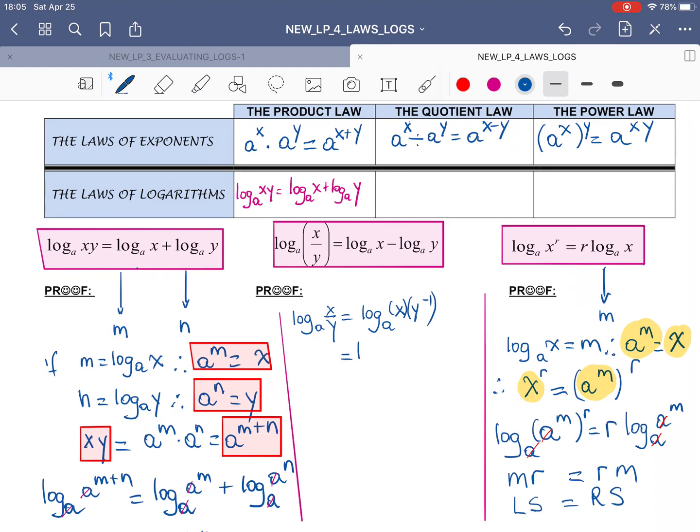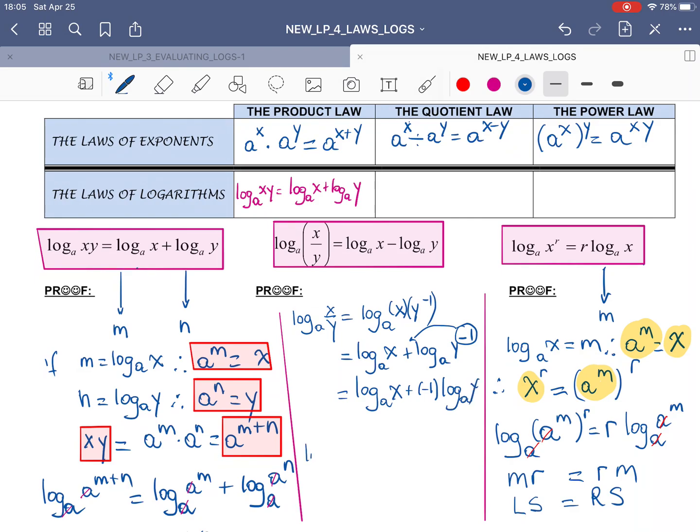According to the product law, this would be log with base a of x plus log with base a of y to the negative 1. So the first term doesn't change, but the second term has an exponent. This exponent can come to the front, and we have plus negative 1 log with base a of y.